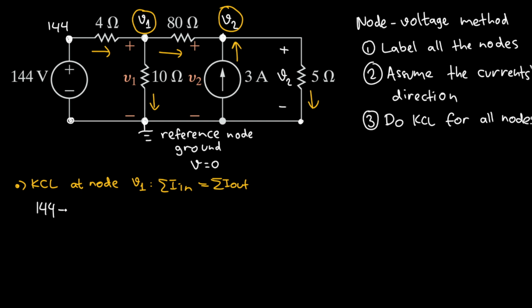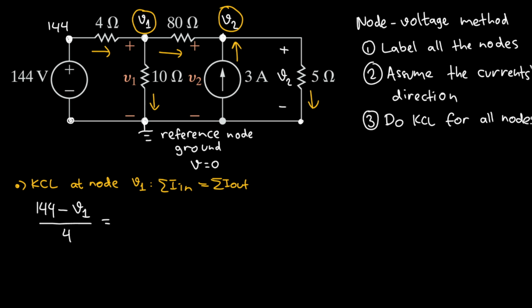So we subtract V1 from it. But remember, we need current here. We have voltage here. To get current from voltage, we need to divide it by the resistance between them, which is this 4 ohm. So we will have this divided by 4. Good. And I think that is all the current that goes into V1. This one and this one is going out, right? So we put the equal sign.